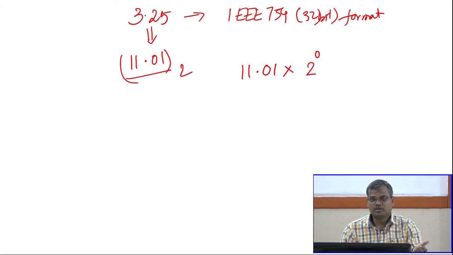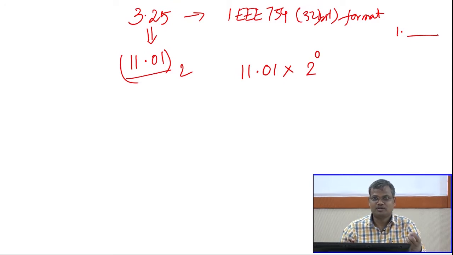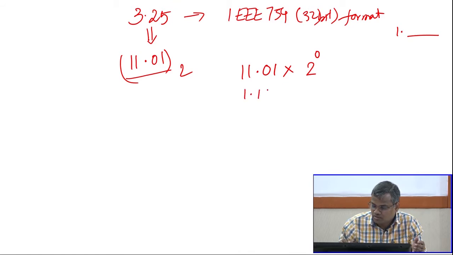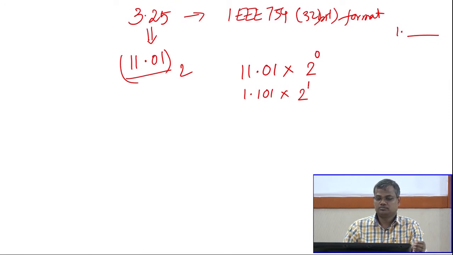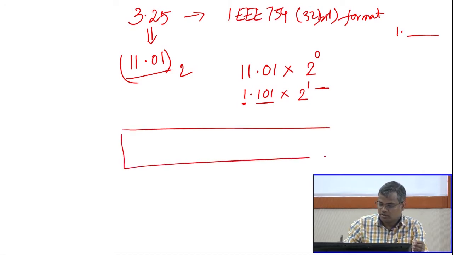Now, you have to normalize the number in such a way that it is 1 point something, because 1 is implicit. So, then what you do? You write 1.101 into 2 to the power 1. So, 1 will be implicit, this part will go in the mantissa and this part will go in the exponent. So, we can represent the number in IEEE 754 format.